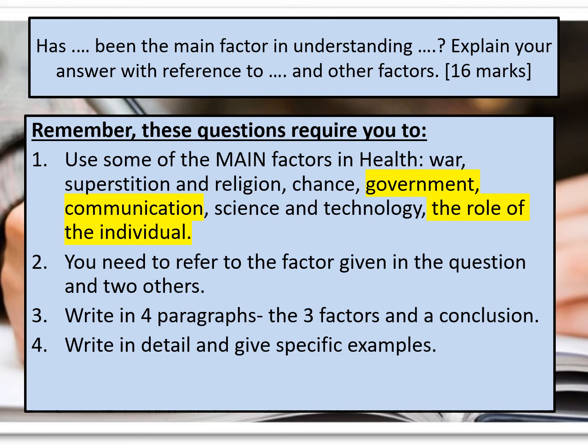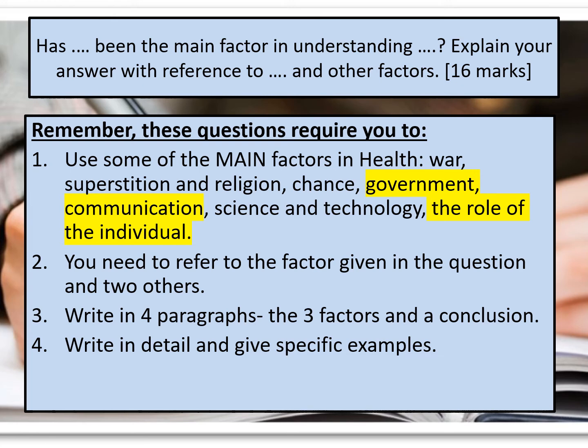So to do well in this question, we need to make sure that we are considering the topic over time. We need lots of examples, and we want to make sure that every paragraph has examples from at least 3 different time periods. So for instance, if you're writing about government, you want to make sure that you've got an example of government from the medieval period, from the Renaissance period, from the 1800s, and from the 1900s, and exactly the same for other factors.